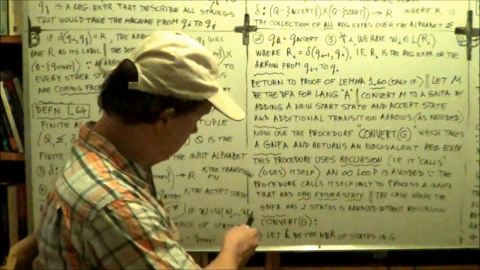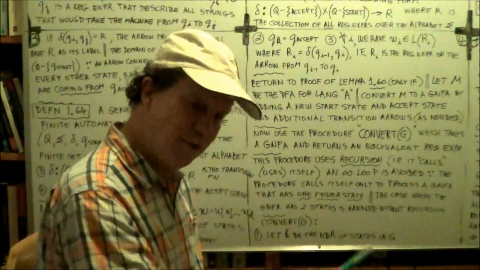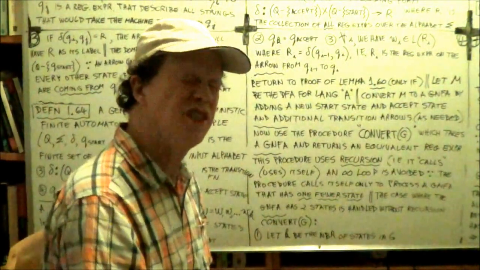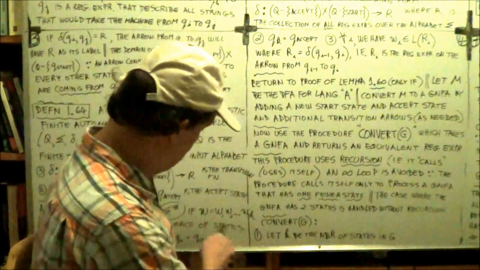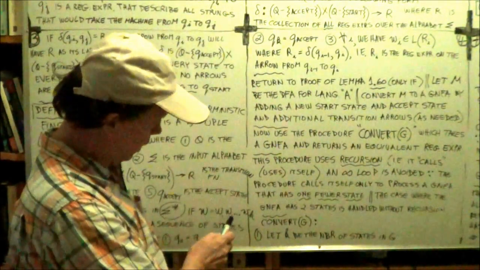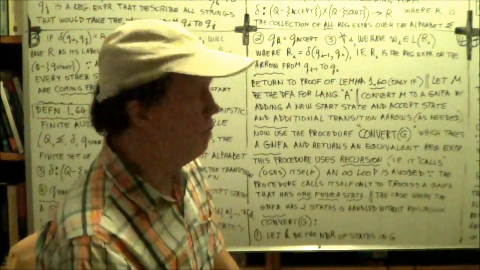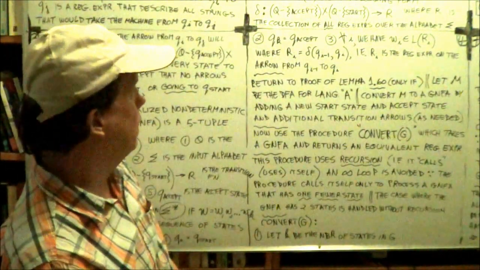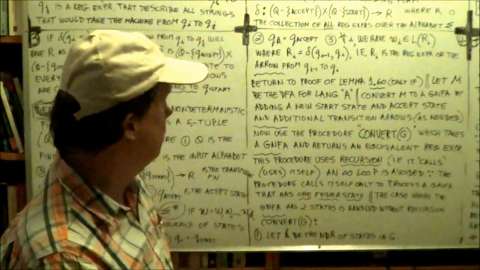And then you've run out of string, and you're in the accept state, and therefore the GNFA accepts the whole string W, where W is a concatenation of these substrings. That's how it works. Okay, so that's the walkthrough of how a GNFA works.